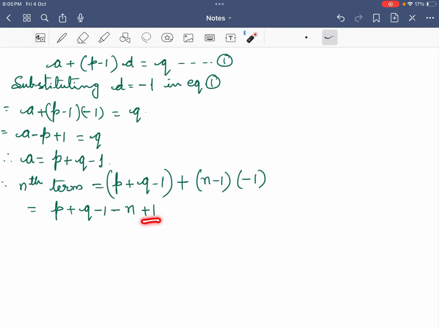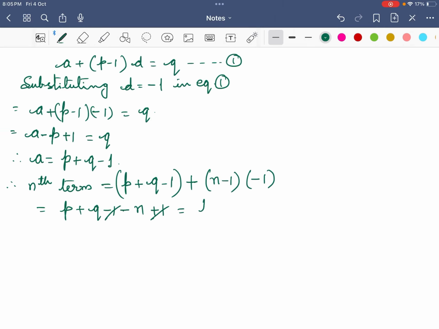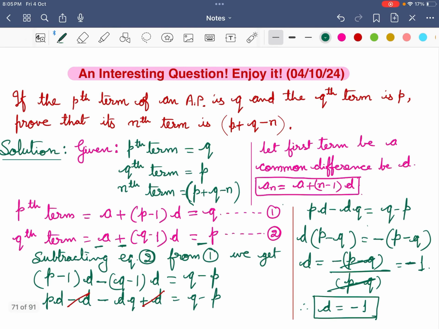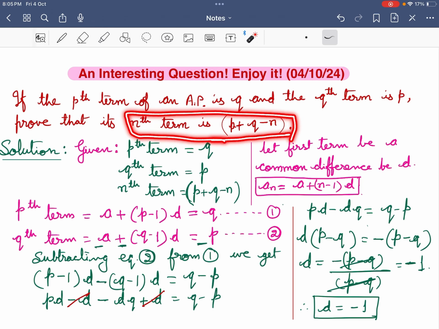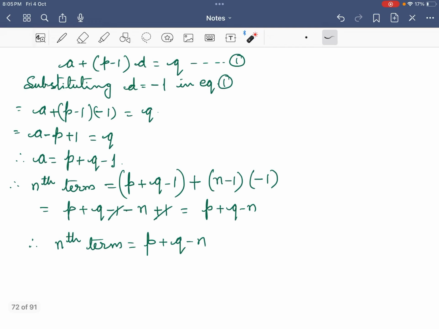Now see, this is plus 1 and this is minus 1. Again they will be cancelled, right? So minus 1 plus 1 will be cancelled. That is equal to p plus q minus n. Therefore, nth term is equal to p plus q minus n. This only we need to prove, and we have proved, hence proved, right?